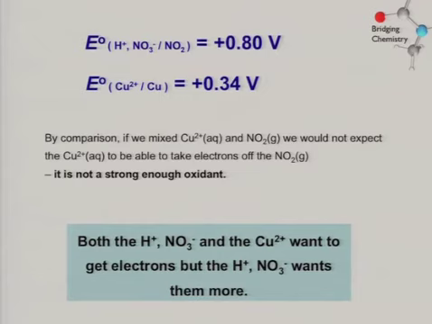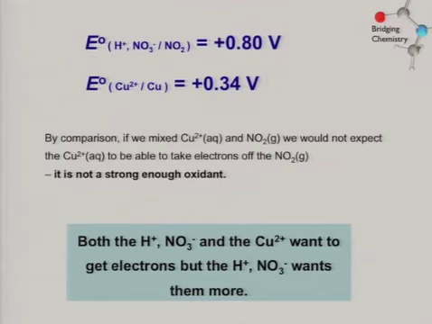So what we can say is that because we've got reduction potential values for both of those redox couples, we can say that copper 2 plus wants to get electrons and turn into copper. And there's a number that quantifies how much that is. And the H plus and NO3 minus wants to get electrons from somewhere and turn into NO2 gas.